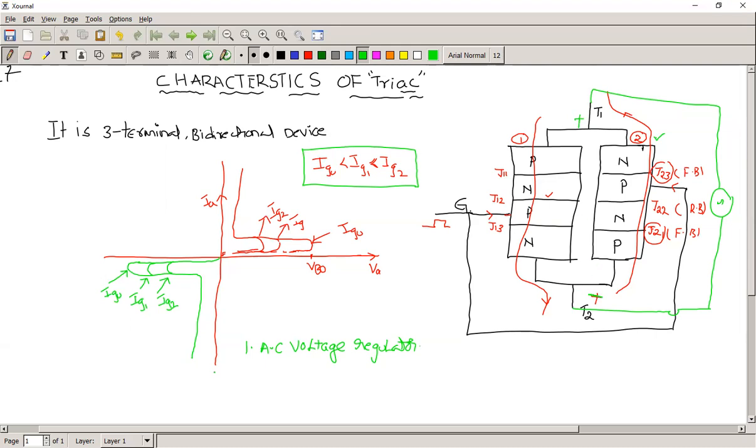So device 1 is on if you apply the gate voltage. We control it by applying the gate voltage.